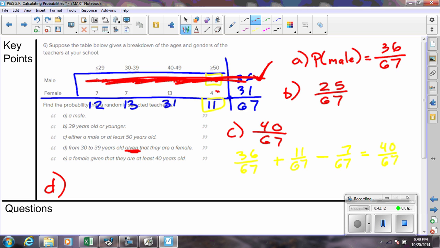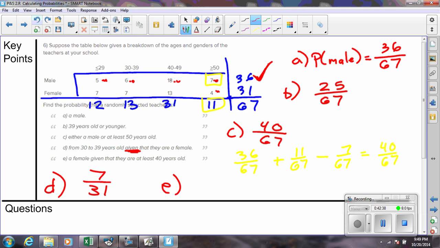Well, if that's the case, how many total are there? Total of 31 women. How many are in the 30 to 39 range? 7. So our probability then is 7 successes out of the 31 possible women, given that they're female.